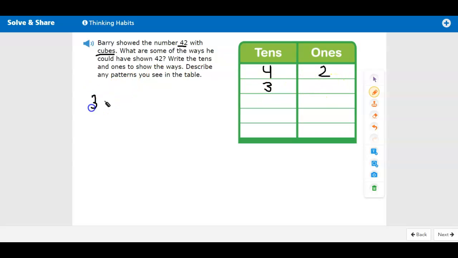If I have 30 and I want to get to 42, I would have to add, 30 plus 10 is 40, plus 2 is 42. 30 plus 12 ones would also give me 42.